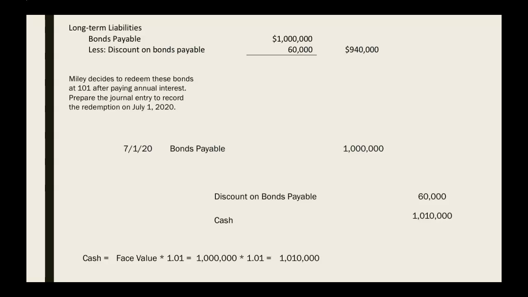That's what it's worth to us on our books. We are paying out $1,010,000. So since our cash is greater than our carrying value, we're going to have a loss on the bond redemption. And this loss is $70,000. That's your cash amount minus $940,000.